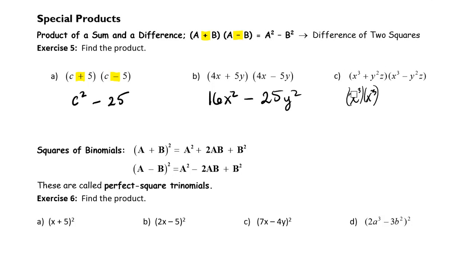Well, we know that when we multiply bases, we add exponents. So this is going to be x to the sixth minus y squared squared is going to be y to the fourth. Z is currently to the first, so that will be z to the second.